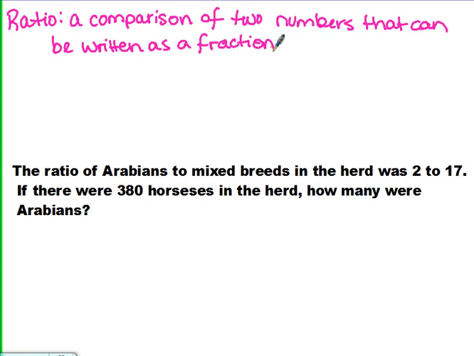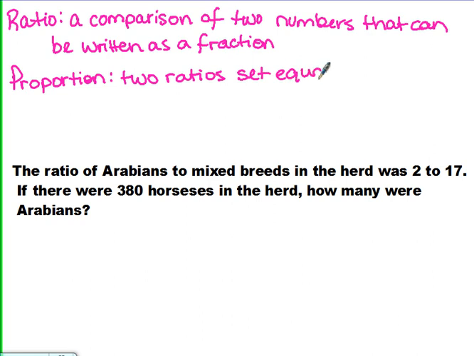All right, two ratios that are equal is called a proportion. Okay, they're set equal to each other. And proportions are solved by cross multiplying and dividing.